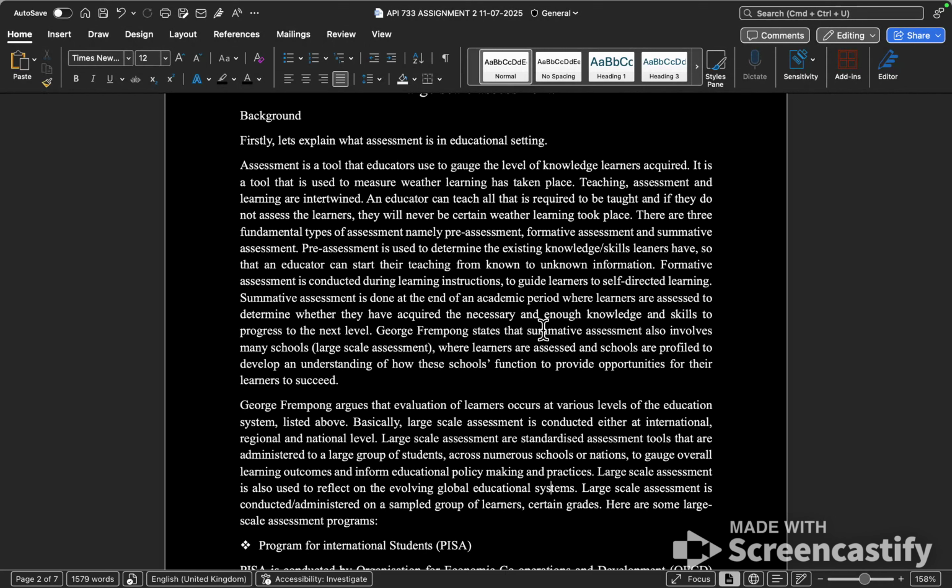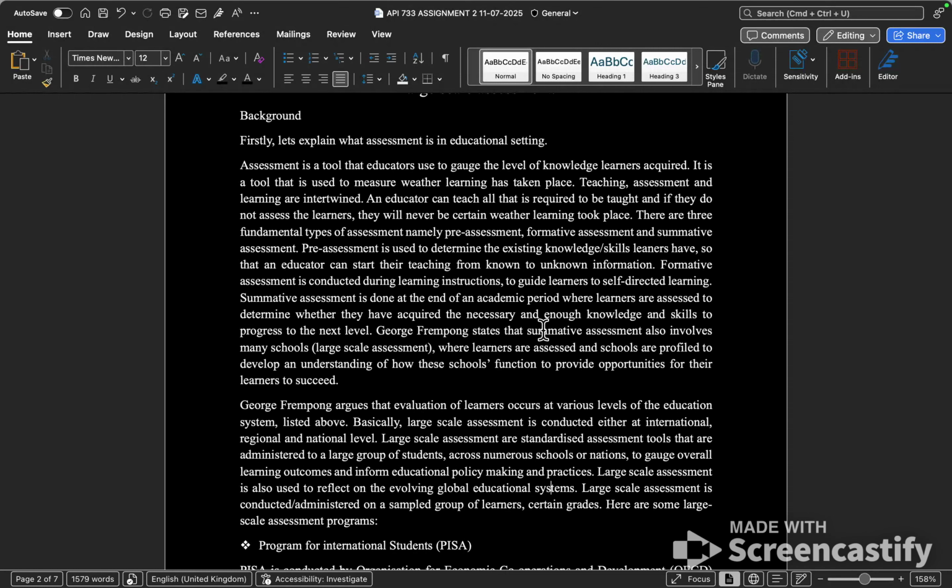Summative assessment is mostly administered at the end of an academic period. It is also to establish whether learners have acquired the necessary information or skills and knowledge that is required for that particular level. Summative assessment can also be conducted in various schools, or in various groups.